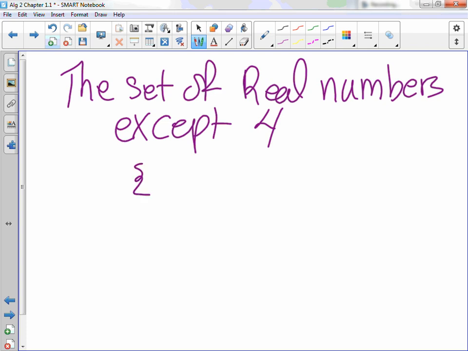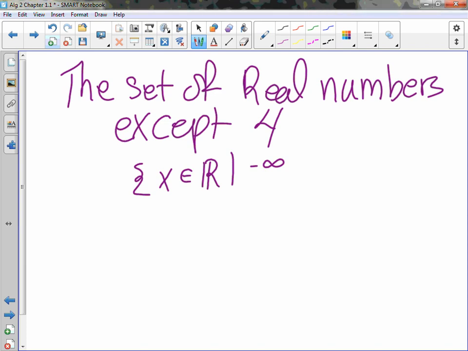So we have x, which is what? Well, the smallest number we can have is negative infinity, yes? Is less than, well, we don't say equal because we can never equal negative infinity. Is less than x. Is less than 4, yes?